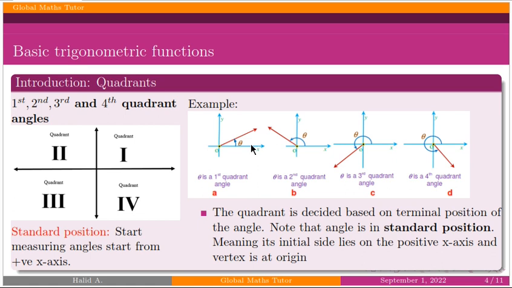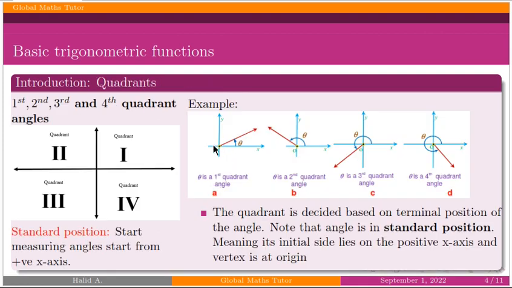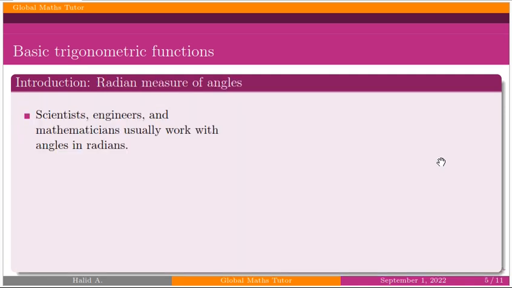So for every angle, the only variation is in its terminal position, since its initial position is fixed to the positive x-axis and its vertex is fixed to the origin. So in our case, for example, this one lies in the first quadrant, this one is in the second quadrant, this one is the third quadrant, and this one is the fourth quadrant.